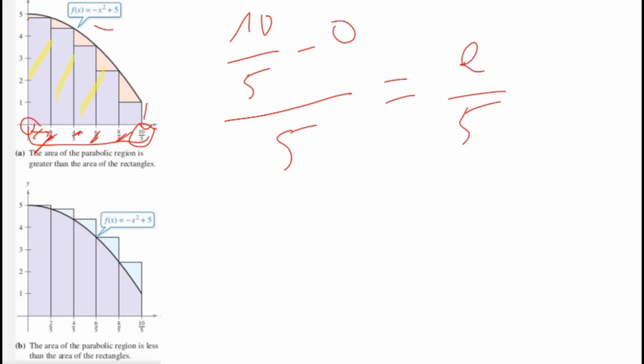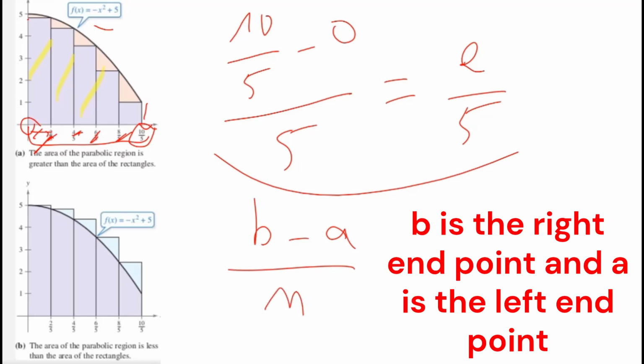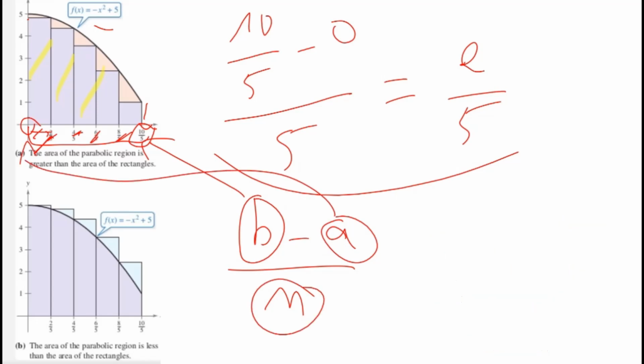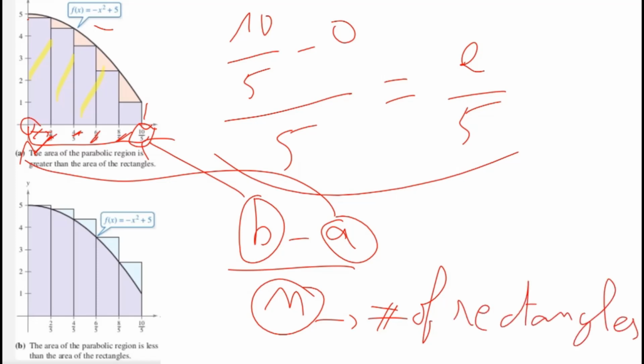The formula to find the width of each rectangle is just b minus a over n, where b is the left endpoint, a the right endpoint, and n is the number of rectangles. So now we found that the width of each rectangle will be 2 over 5.